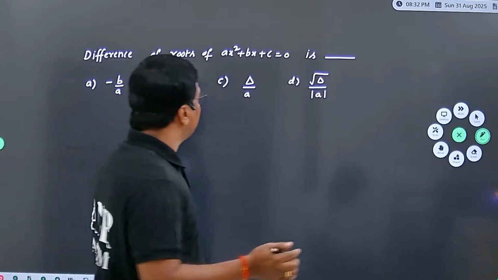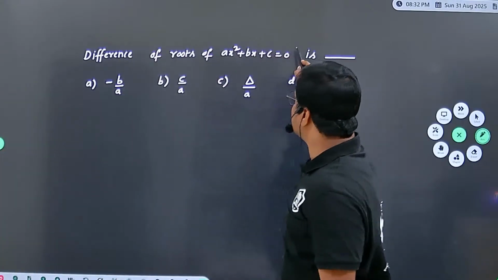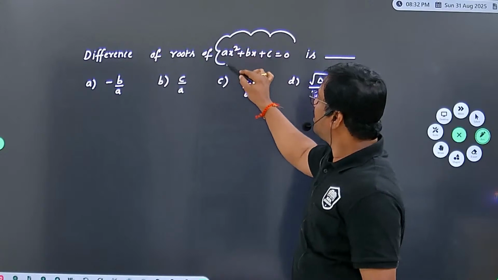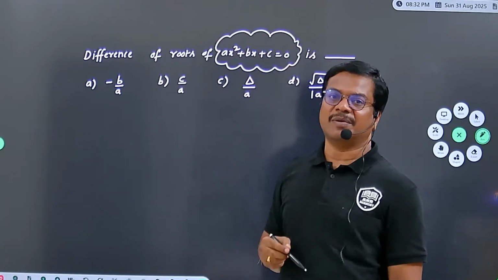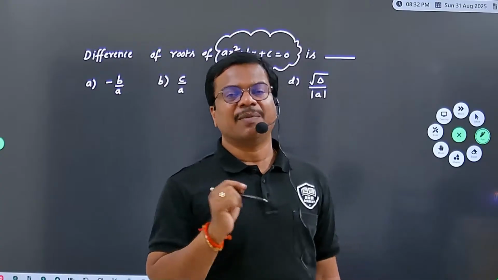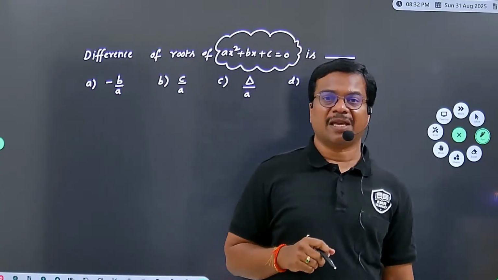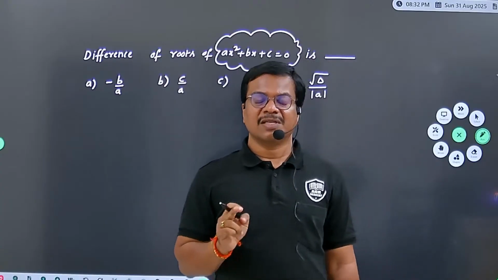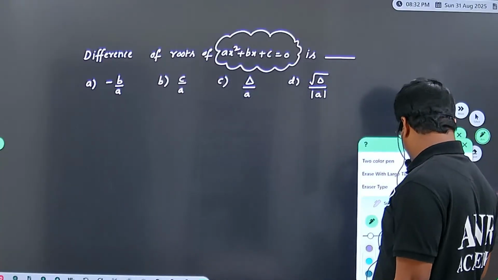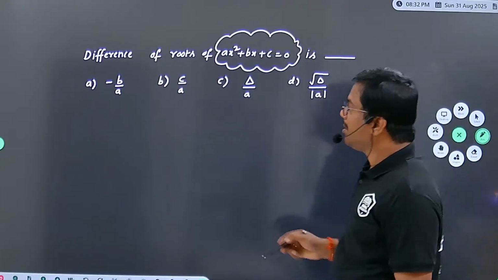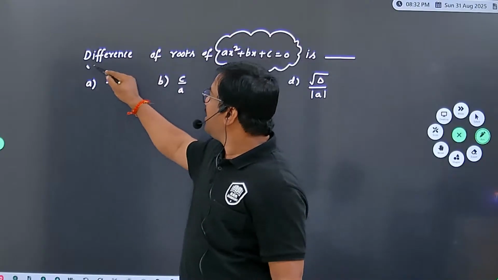If a general second degree equation is given, then you know the sum of roots formula as well as the product of roots formula. We know that the sum of roots is minus b by a and the product of roots is c by a. But here in this question, you need to find the difference of roots.